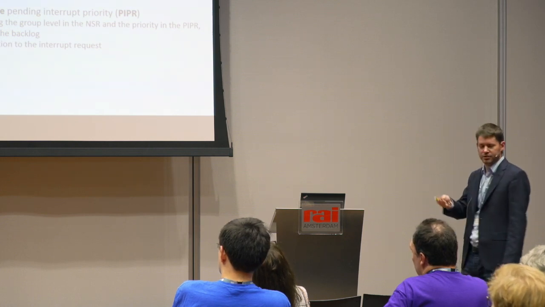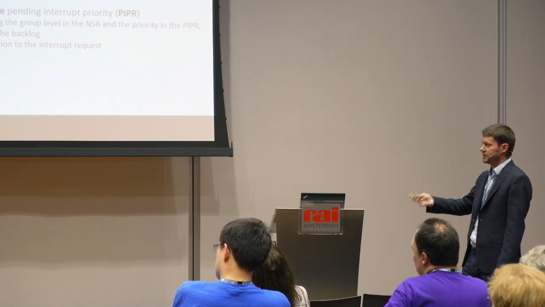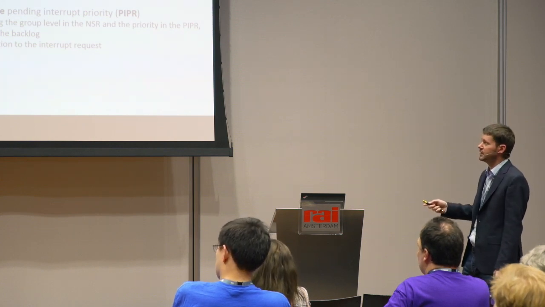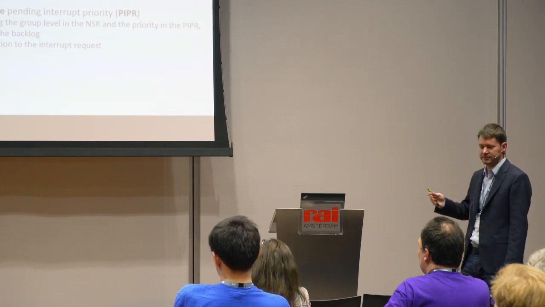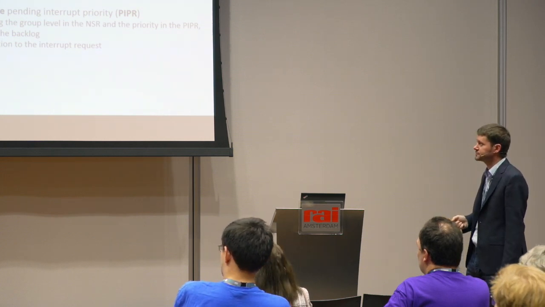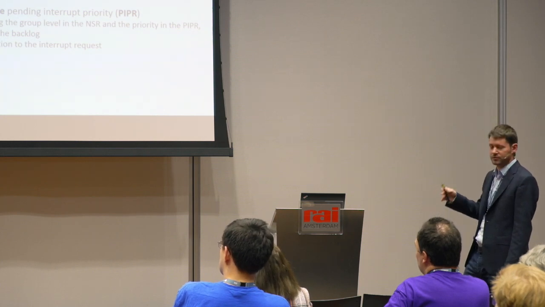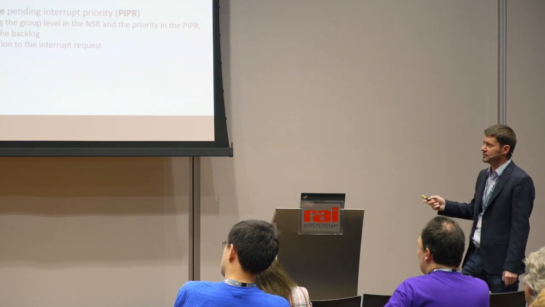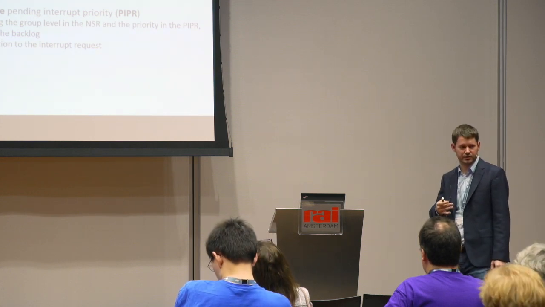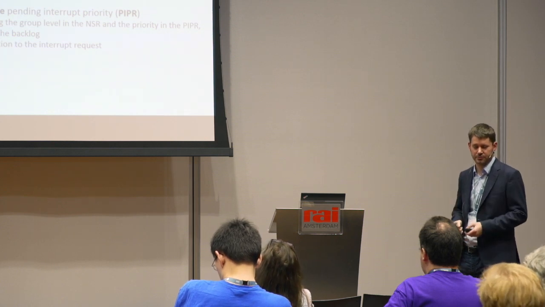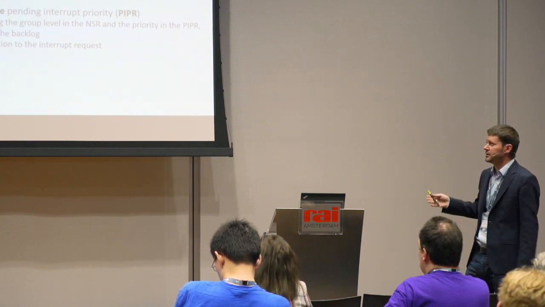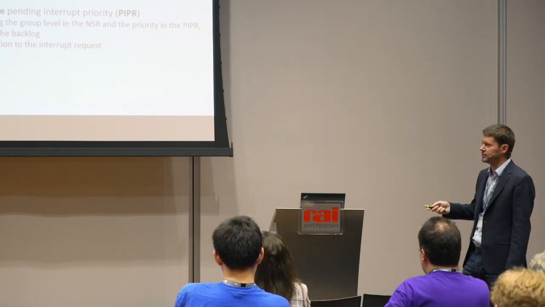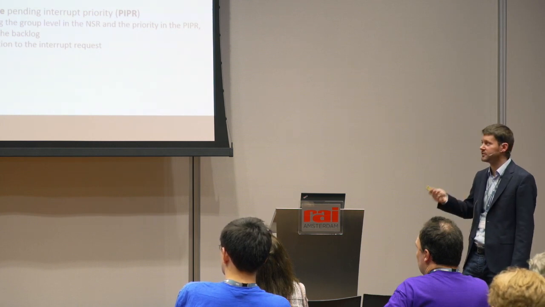If we determine that the new interrupt has higher priority, then we accept the new interrupt, update the NSR information, and update the PIPR information to reflect the priority of the new interrupt. It could happen that there is already an interrupt pending, and in that case we send or backlog the information that there was currently an interrupt pending and the priority at which it was. If you have a hit, but the new interrupt does not have higher priority than the current interrupt, then we directly return the information that this interrupt has to be backlogged.